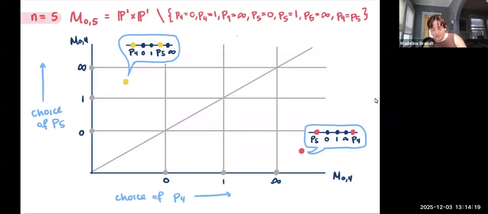So my example here is, obviously this is a cartoon, but in the cartoon I've picked P4 to be to the right of infinity and P5 to the left of 0. Of course that's to the left and to the right doesn't really make sense, but just in the cartoon, that's how it would look. Okay, so that's M05, and you can keep going in this way to construct M0n for larger n.